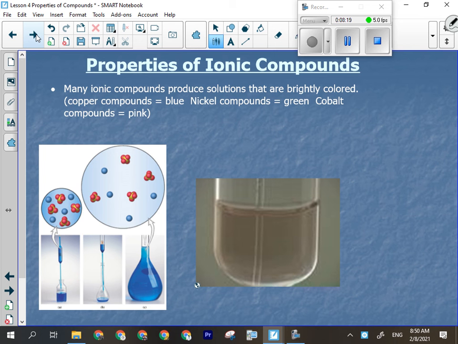And by probably I mean there's a 90 to 95% chance that it contains copper. There are very few other ionic compounds that would be bright blue in color. So if you've got something that's blue as a solid, and when you put it in water the solution turns blue, you're looking at something containing copper. Copper solutions are always blue.